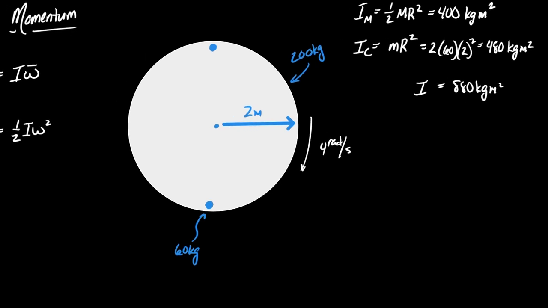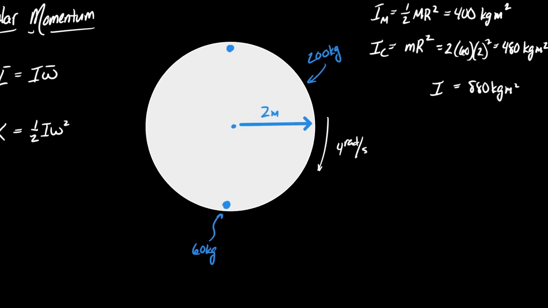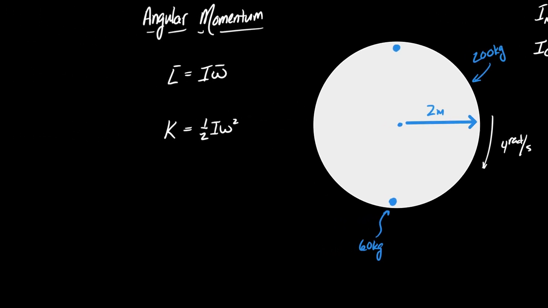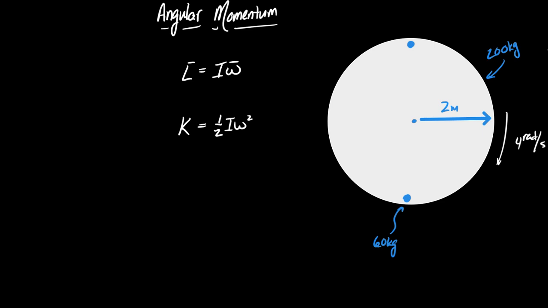All right. Any questions about that? Now, this is how I did it. You could have separated it out more. It doesn't matter, but I'm just going to treat it as a system. So when I wanted to find out the angular momentum of the system, that was going to be 880 times 4, right? Because it's just the moment of inertia times the angular speed.